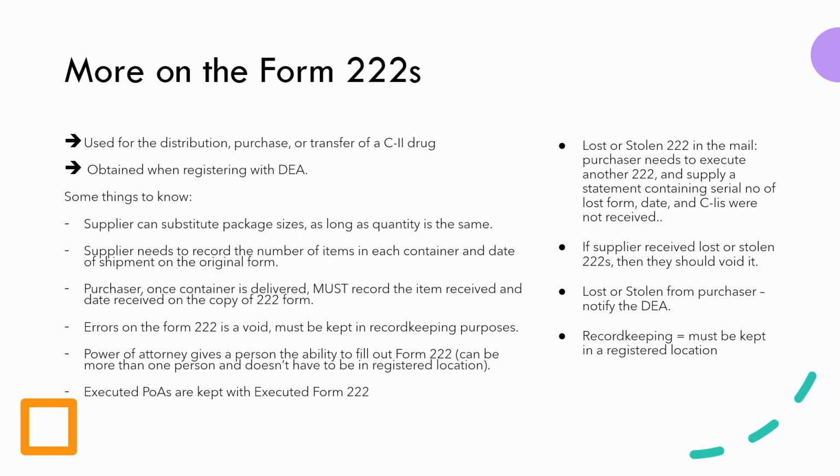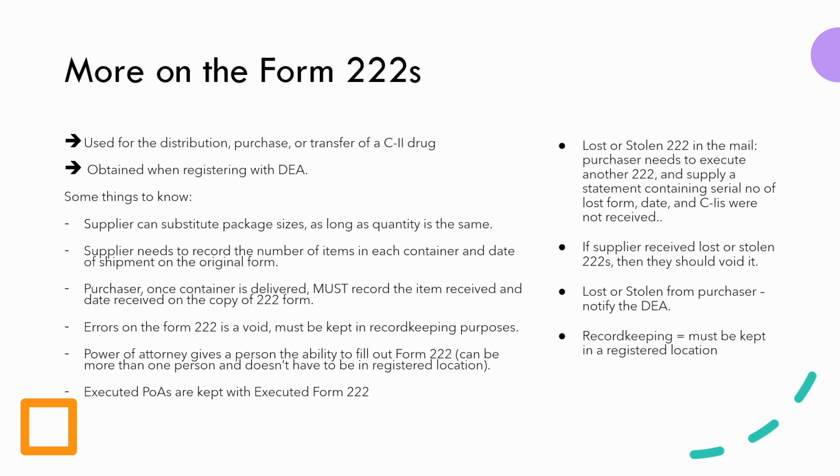Okay, so we didn't talk about the Form 222, so I'm just going to talk about what's in the Form 222. Form 222, as we talked about briefly, is for the purchase of a C2 drug. Form 222 can also be used for distribution and for transfer purposes.